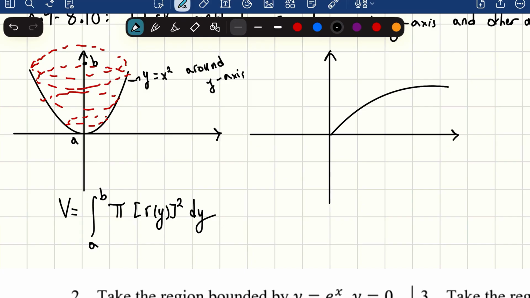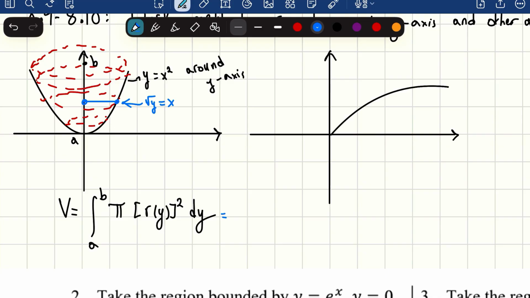Since it's around the y-axis, I need to set my integration up with dy, and I need to set up my radius function as r of y. So what is r of y? r of y is basically the distance from here to here. Since y is equal to x squared, it's the same as saying the square root of y is equal to x, by taking square roots on both sides.